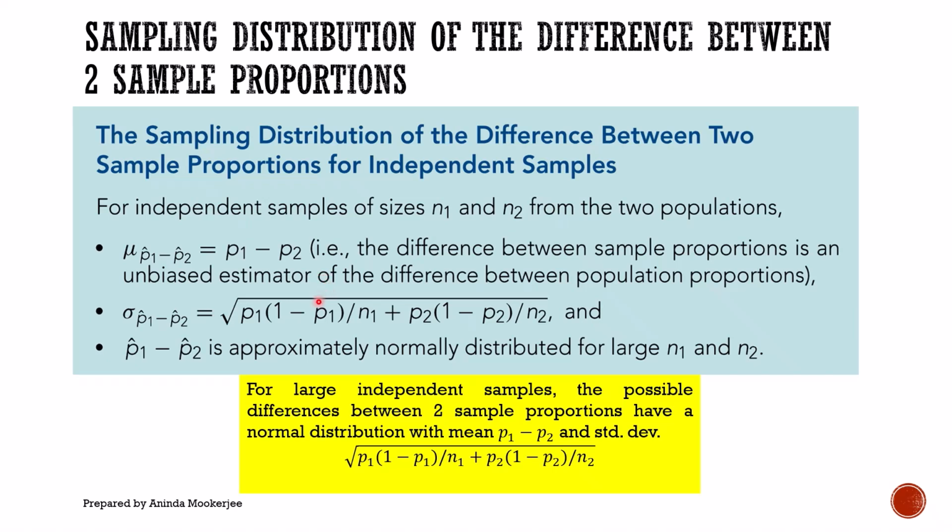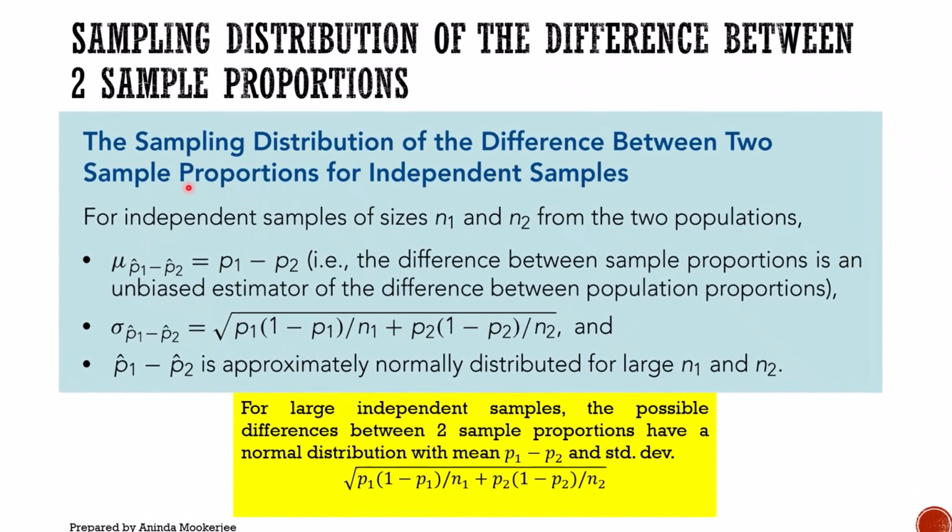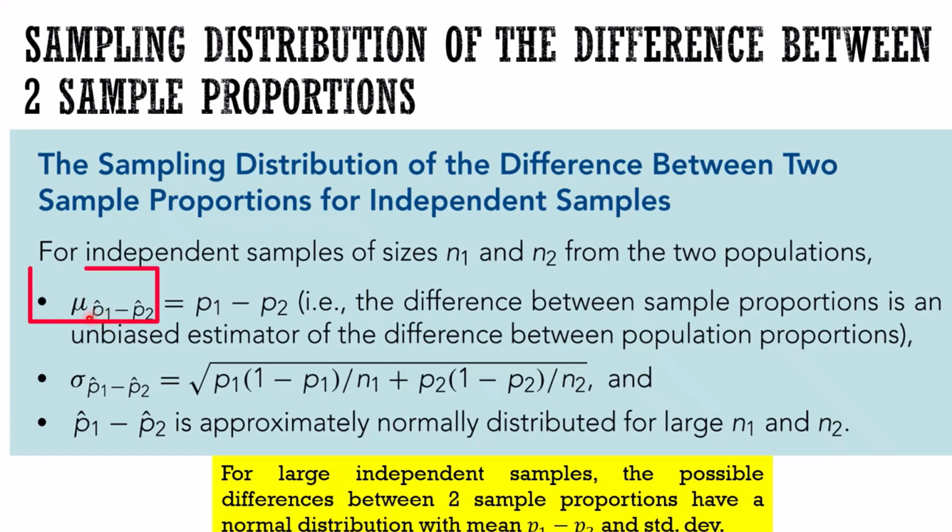So it says here for independent samples of sizes n sub 1 and n sub 2 from the two populations, we talk about the mean, we talk about the standard deviation, and then we also talk about the nature of the distribution. Over here it's mu sub p hat sub 1 minus p hat sub 2.